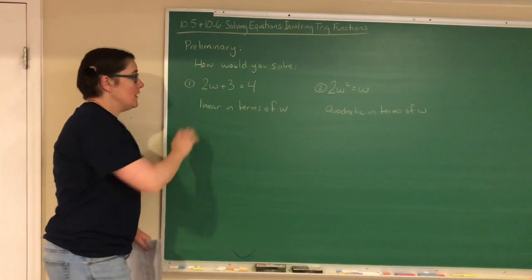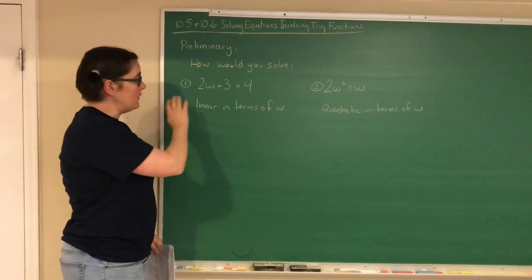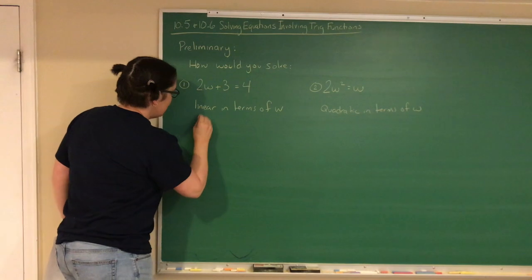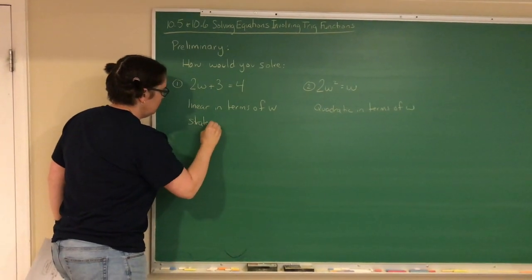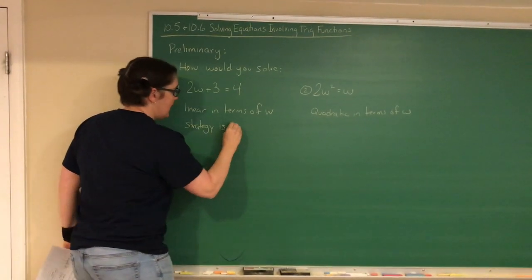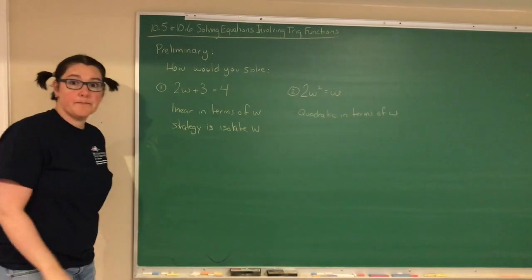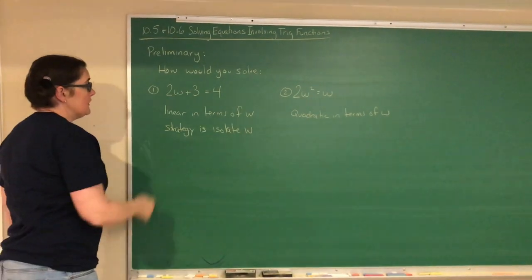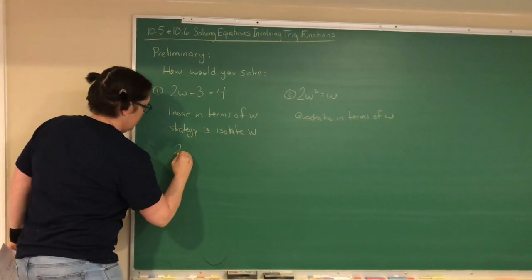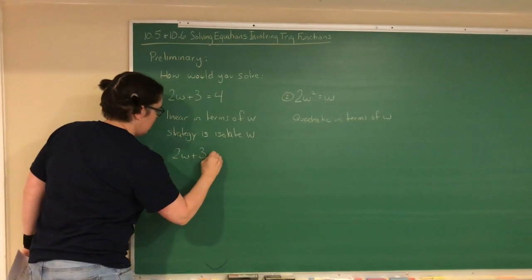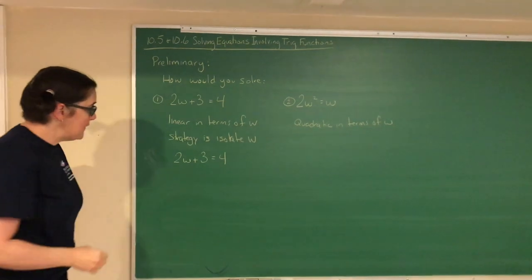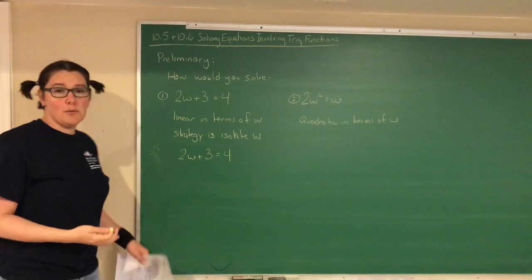When I want to solve a linear equation for w, my strategy is to isolate the w. So in this particular example, when I have 2w plus 3 equals 4, I want to get the w by itself, so I've got to peel away the extra pieces.